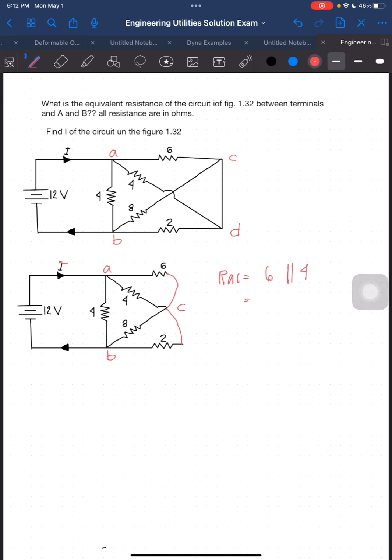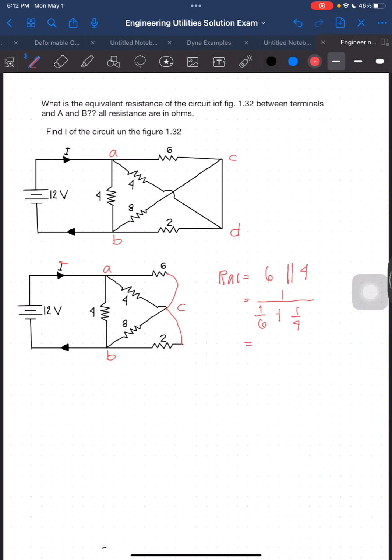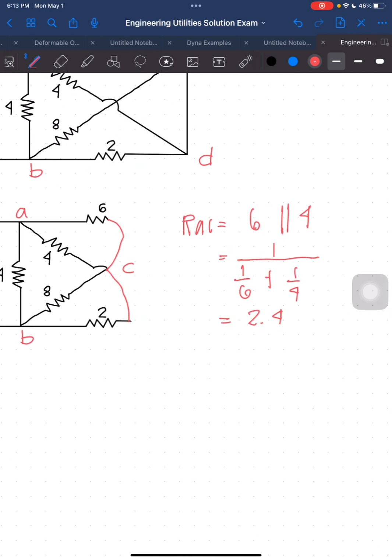So, may solution ay 1 over 1 over 6 plus 1 over 4, which is equal to 1 divided by 1 divided by 6 plus 1 divided by 4. Ito ay 2.4 ohms.